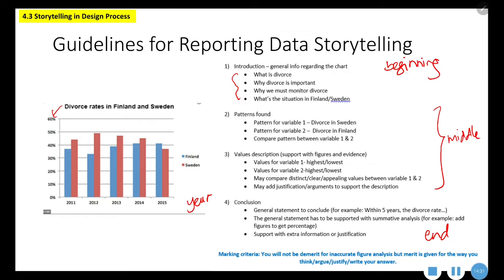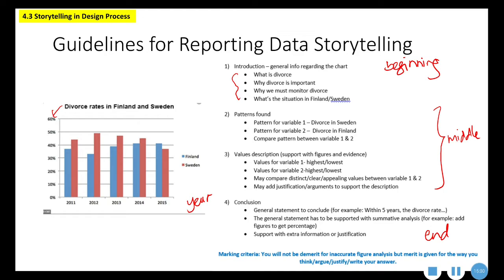As we know, the context of the storytelling is divorce in Sweden and Finland. We are discussing the divorce occurrence and divorce rates in these two countries. That is the context of our storytelling. And who is the audience? In this case, the audience could be anyone, from young children to adults.